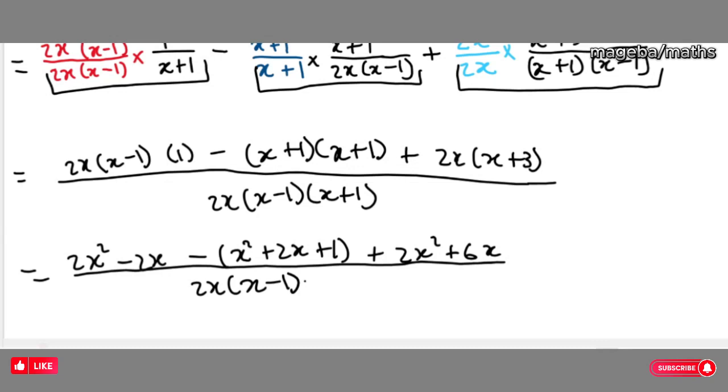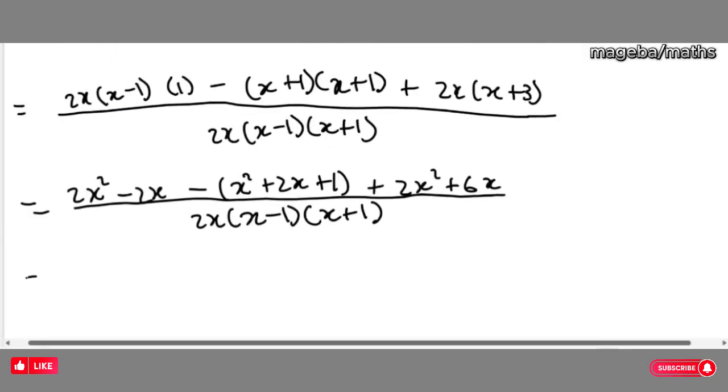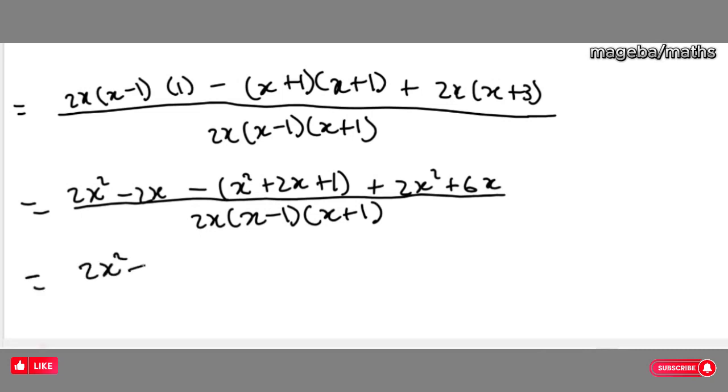Now from here, I can also continue to simplify. This is going to come back as this. Open the bracket by this negative sign. It's going to be negative x squared and then plus 2x and then minus 1. And bring back as it is 2x squared. Guys, this is negative here, I nearly made a mistake.